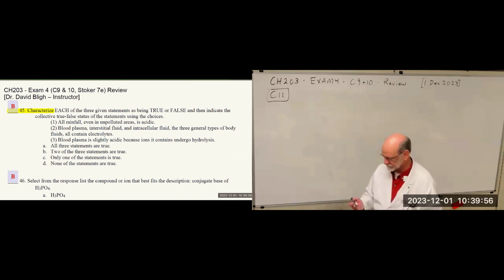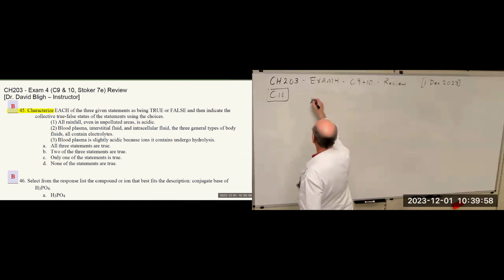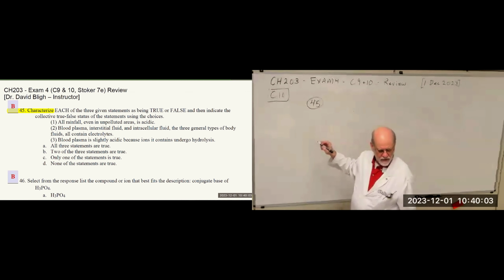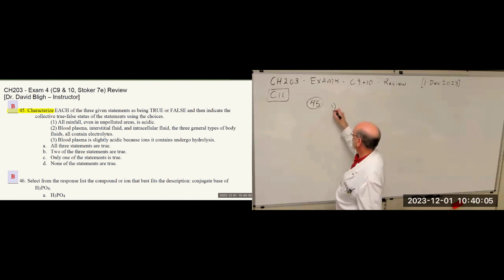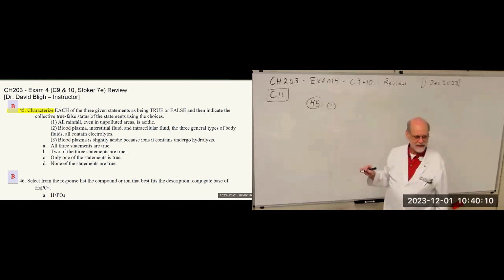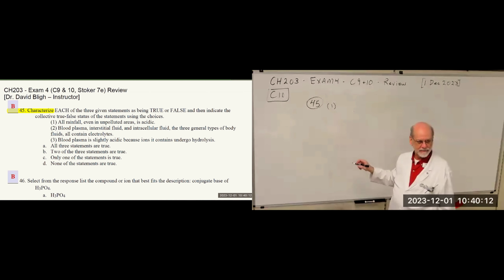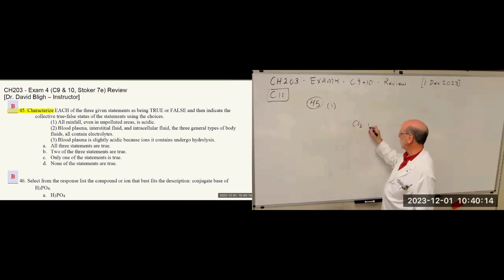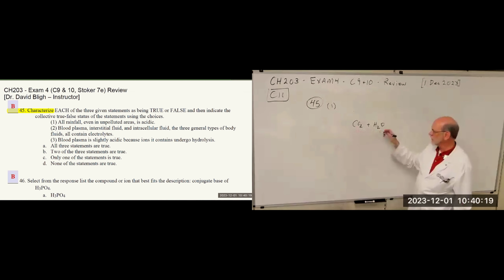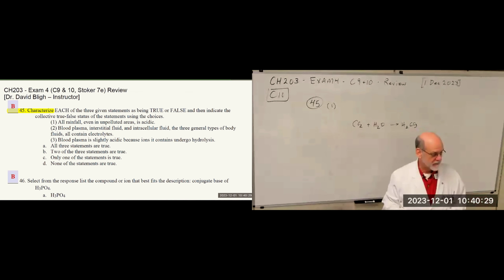Oh, another one. Okay, 1, all rainfall, even in unpolluted areas, is acidic. Is that true? Yep. Carbon dioxide. When the rainwater picks up carbon dioxide from the atmosphere, it makes H2CO3, carbonic acid. So all rainwater is acidic.